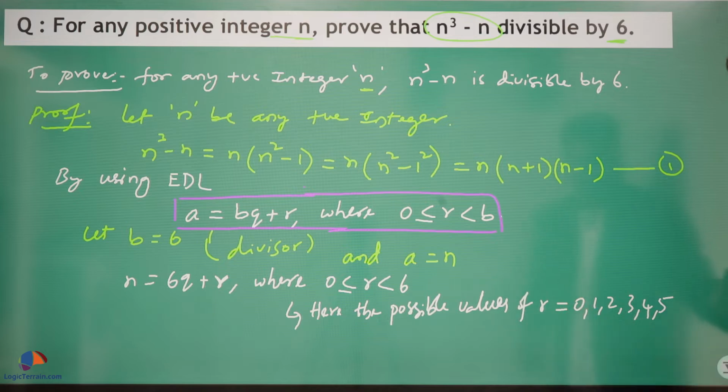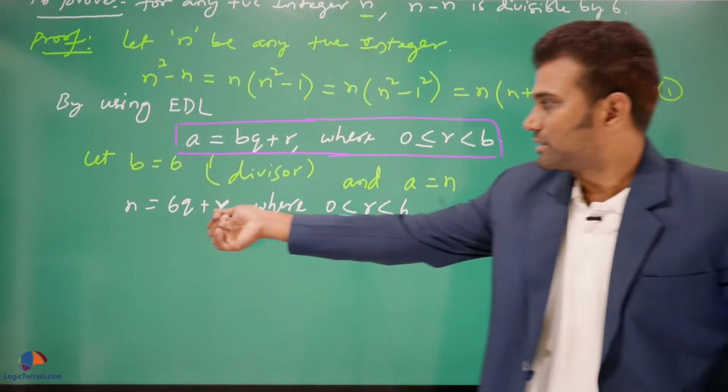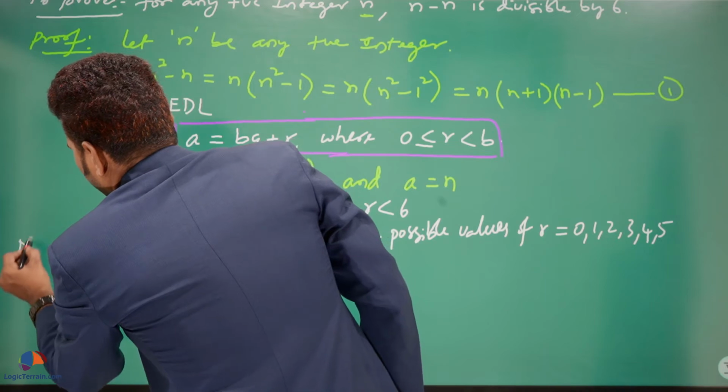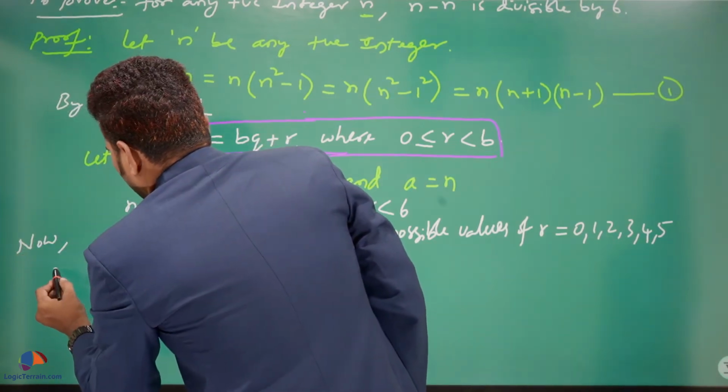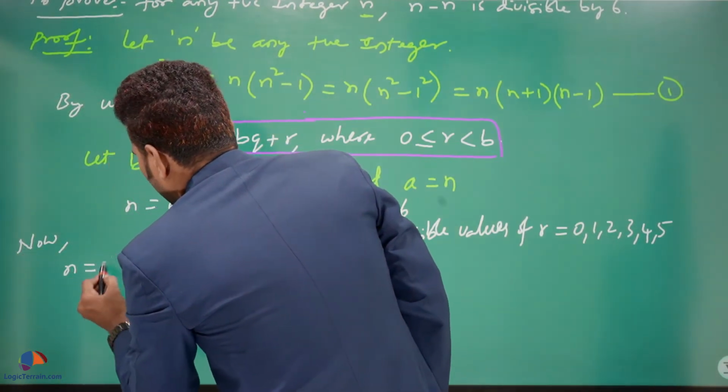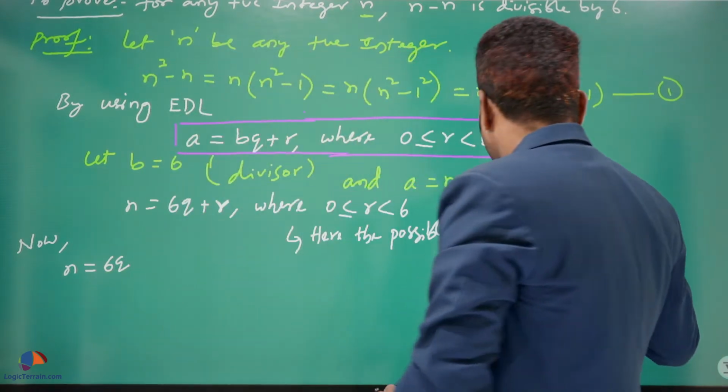Now on substituting these r values in the above, n is equal to 6q plus 0.